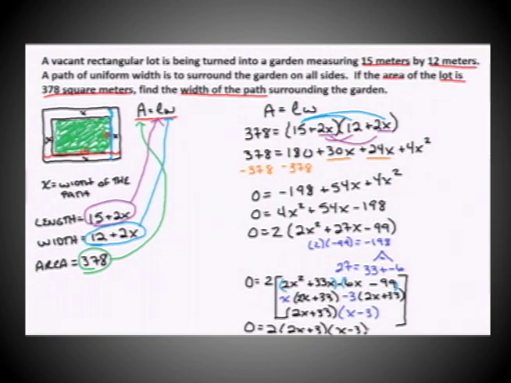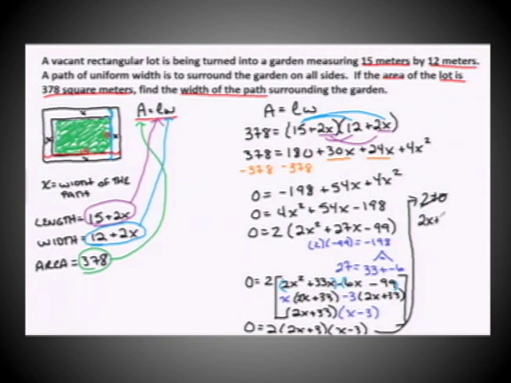Now that we've got this polynomial factored, we are ready to apply the zero product principle. So I'll come up over here and set each of my factors equal to 0. Well, 2 does not equal 0, so we don't have to worry about that one.